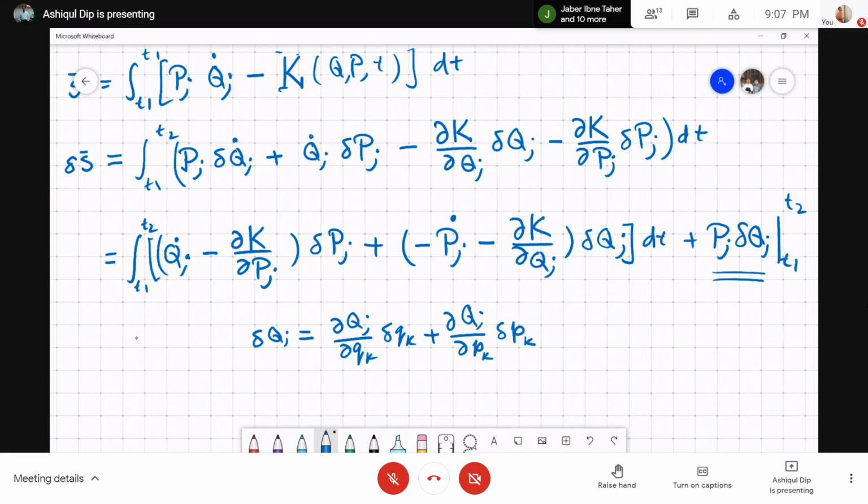Obviously this first term vanishes, because it has the variation of q_k explicitly inside it. But for the other term we are not so sure at this point.